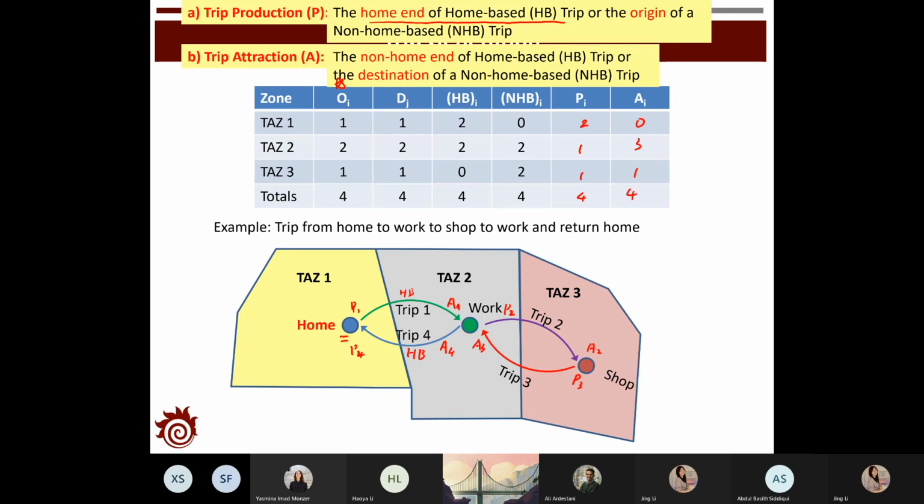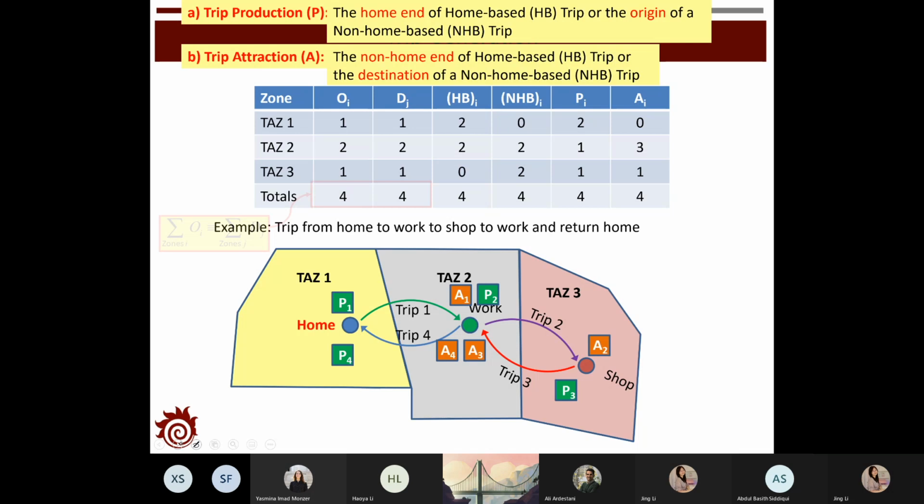So that's what we calculated for the origin, destination, home-based trip, non-home-based trip, and production and attraction. If we make a comparison, you can see that the total number of origins and the total number of destinations are the same. This is always true, because any trip must have one origin and one destination.